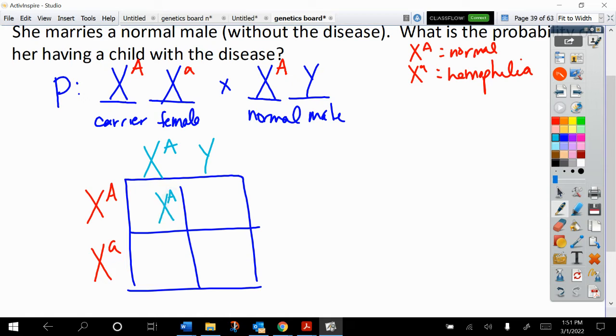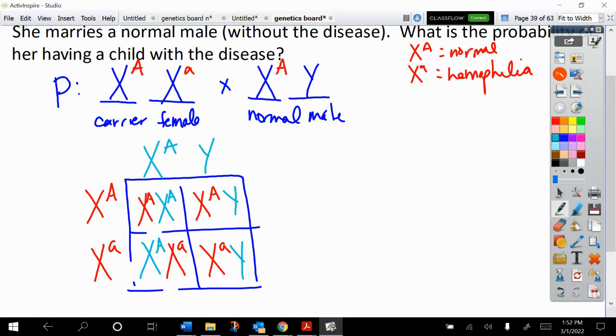So male parent gives X capital A and gives Y, and then the female parent gives X capital A, X lowercase a, and X lowercase a, Y. I'm going to switch this around just for convention's sake and just have X lowercase a. It really doesn't matter, but it just is easier to see, I think.